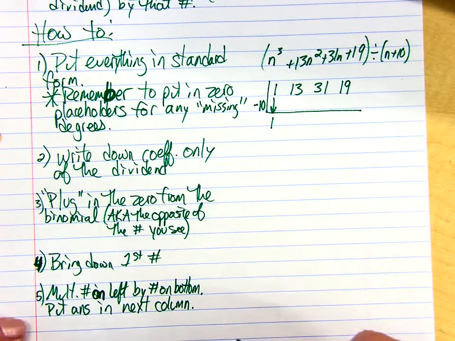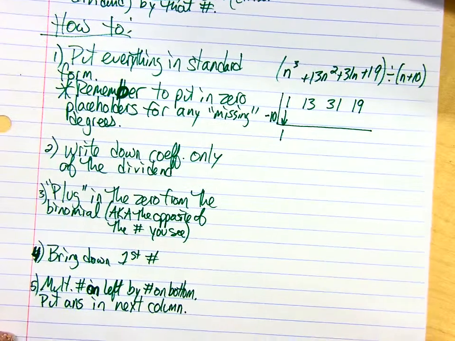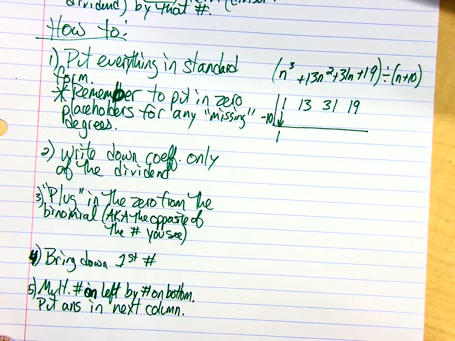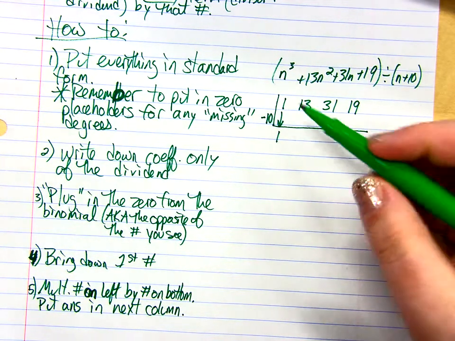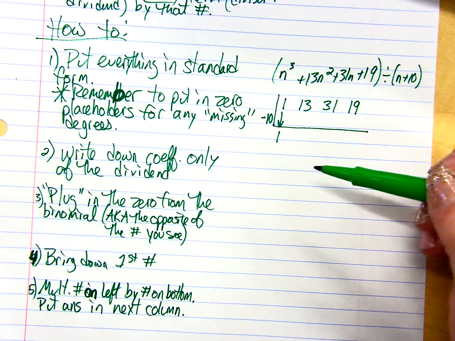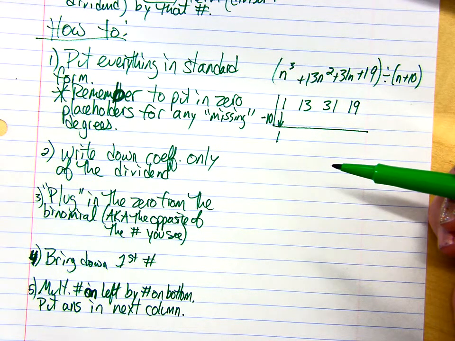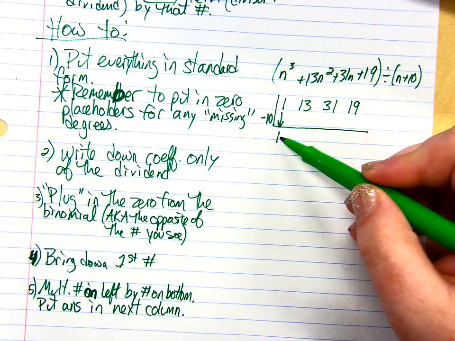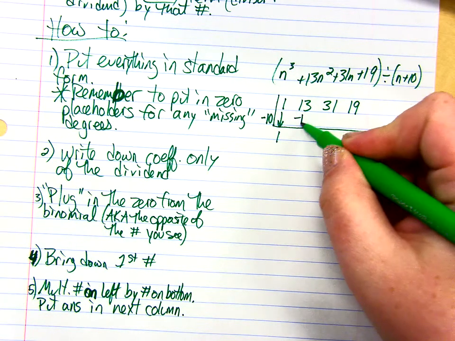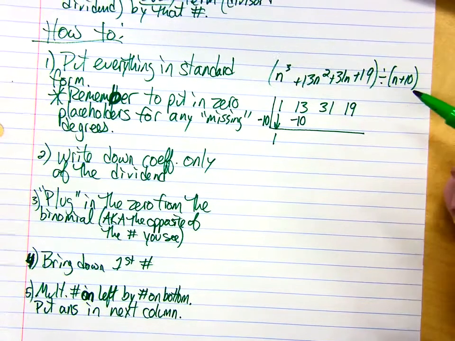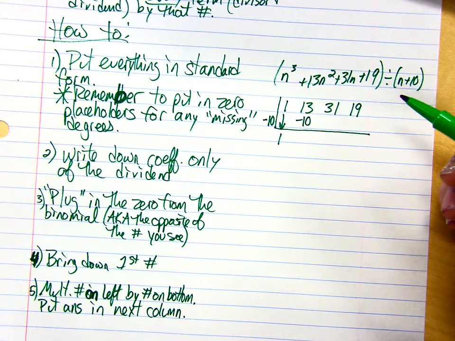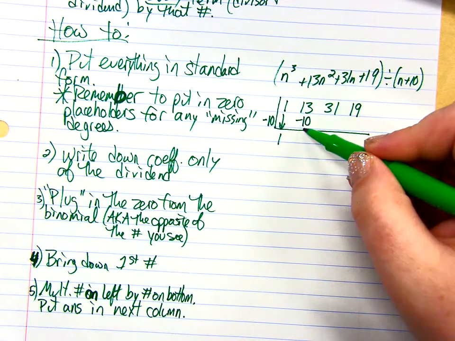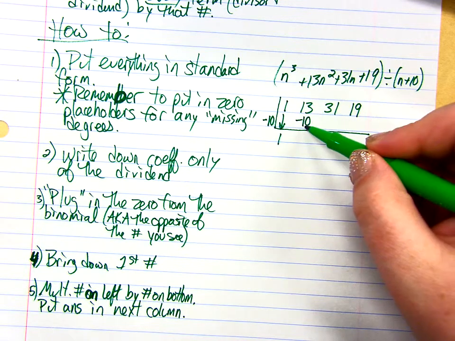Am I going too fast? Just tell me if I am. So back up at my example, I'm just going to do -10 times 1, and I put my answer in the next column. And now I'm just going to add these two numbers together.